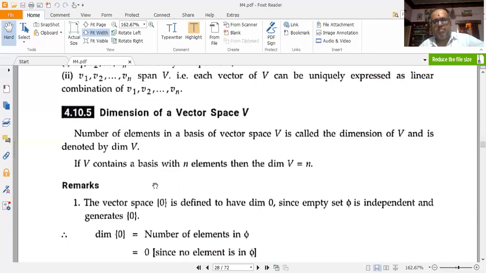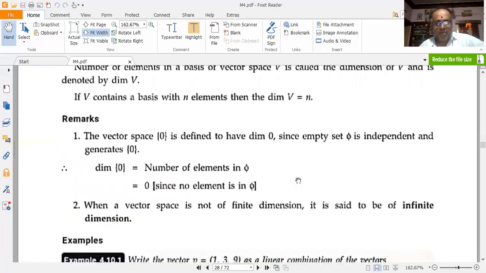Suppose V contains a basis with, say, 10 elements, then dim V is equal to 10. If there are 5 elements in the basis, then the dimension of V is equal to 5.